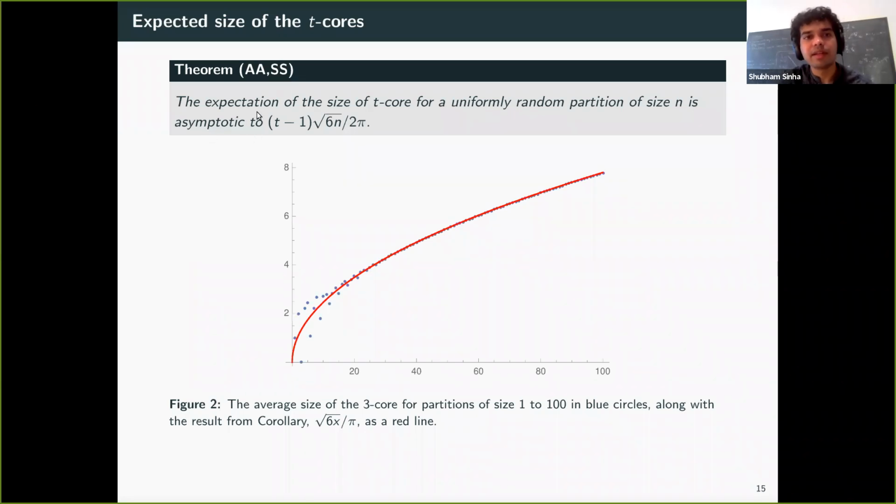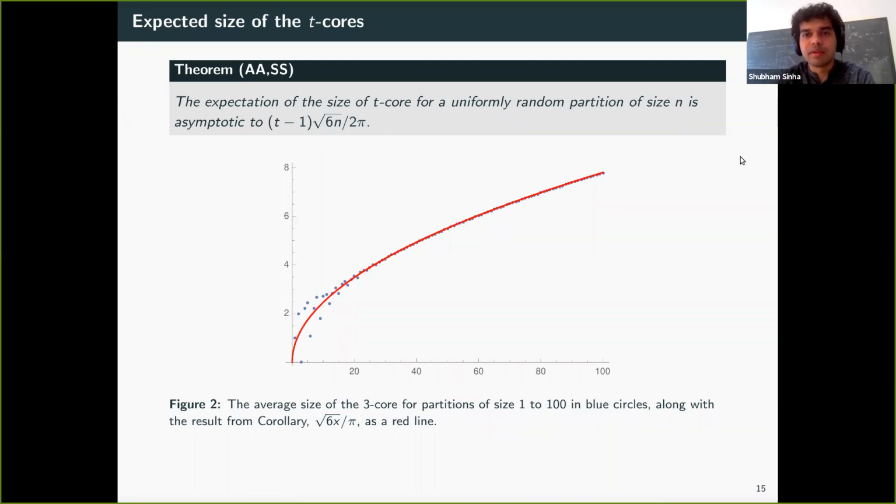What we find is the expected size of the t-core for a uniformly random partition. If you take a big partition and take the core, you can run the program on Sage if you like, you see that the size of the t-core is asymptotic to this nice looking value, which is of the order of square root n.